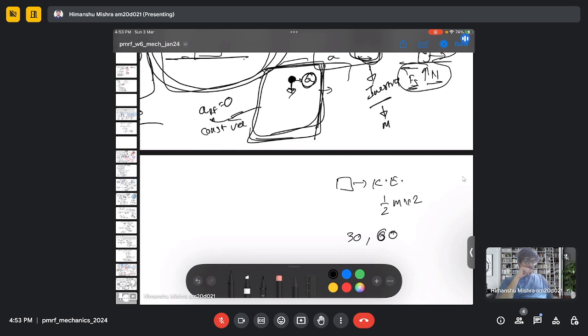So the kinetic energy in the 60 case will be higher, because kinetic energy is proportional to v squared, which means if you increase your v, your kinetic energy will be more. That's why you require more power to move a mass m at a higher velocity. Yeah, more mathematically we can say that.